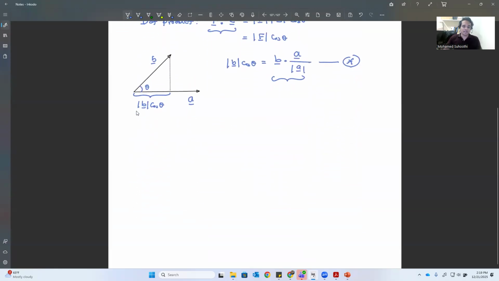Now let's understand the cross product in a similar way. Let's understand the cross product definition. A cross B equals magnitude of A, magnitude of B, sine theta, and then the normal vector.